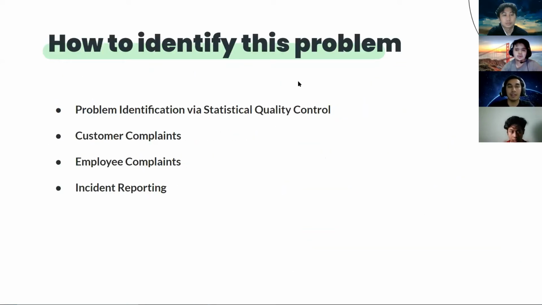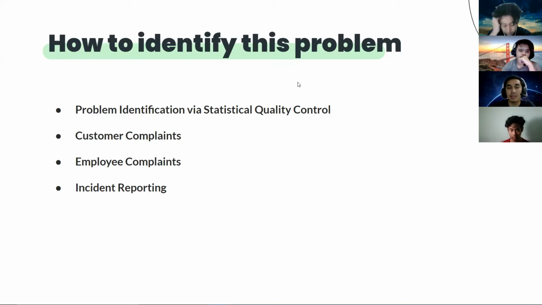So how to identify this problem? There are several steps to identify this problem. The first one is via statistical quality control. That means you can detect the defective product or the unsatisfactory result, which occurs by chance. Knowing the frequency of the occurrence is very important.